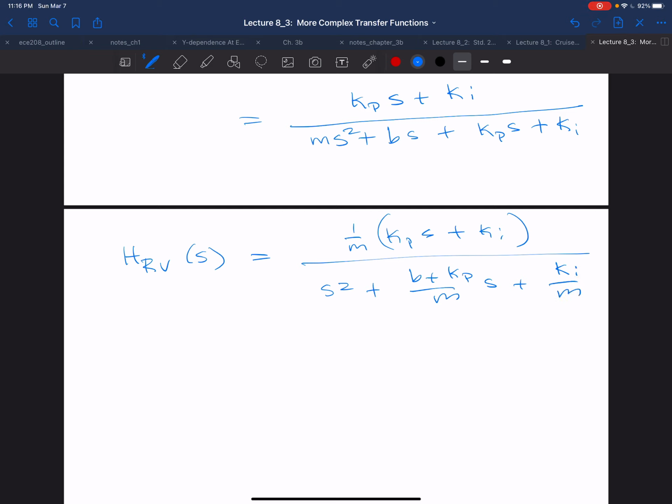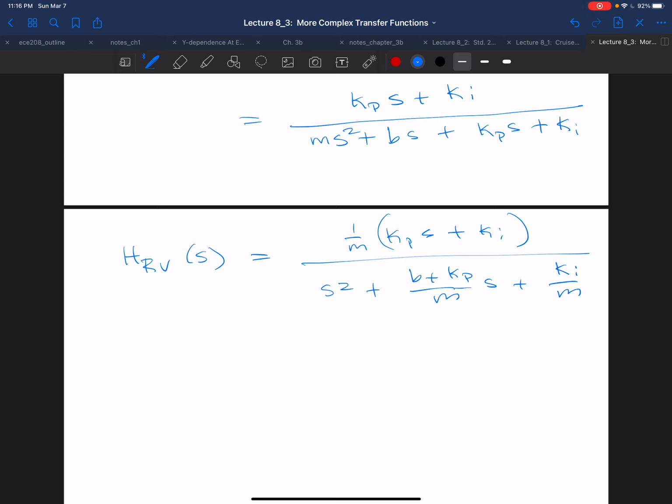So this looks like the denominator of the standard second order system. As in the case of integral control, our natural frequency will be the square root of ki over m. But in this case, instead of being just b over m, our term 2 zeta omega n is b plus kp over m. So we have control over the damping ratio in this case, as well as the natural frequency.